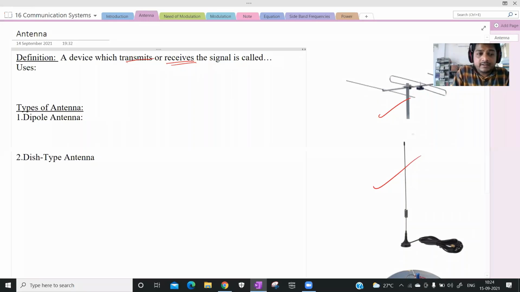It is used for both the transmission and reception of radio signals.